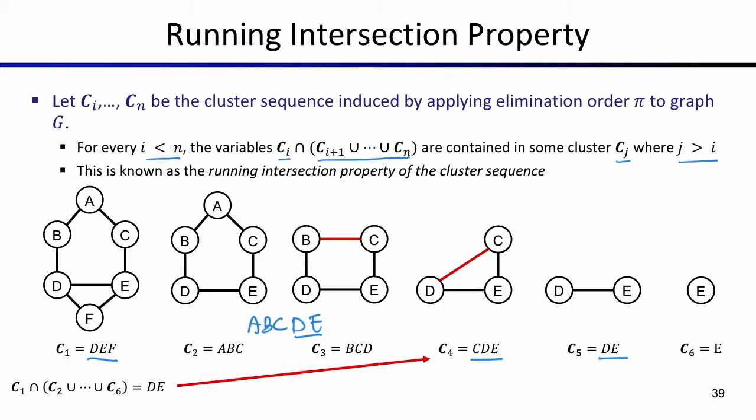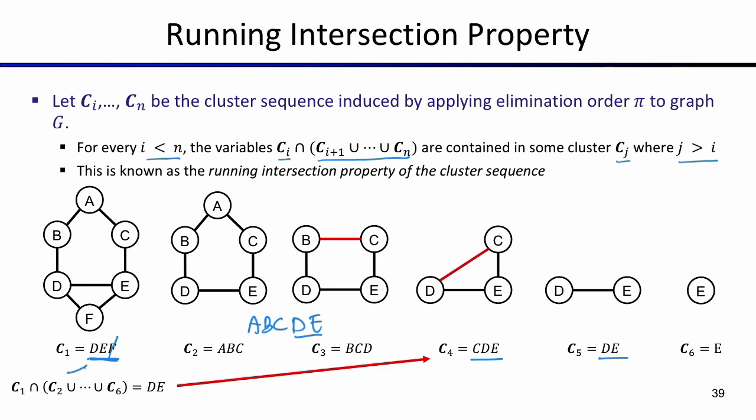And why that's true is very simple. When we are working on the first cluster here, basically what we are doing is eliminating variable f. When we eliminate the variable f, we create a new factor that mentions d and e. So when we try to eliminate d or e in the future, this factor will have to be multiplied by other factors that also mention those variables, and that will naturally create a factor that has d and e and the other variables that came from the older factors multiplied by this factor.